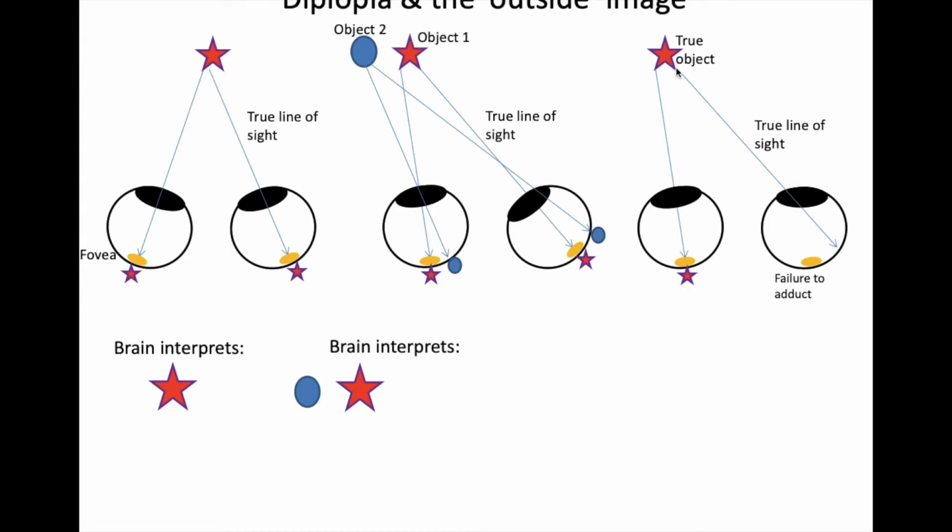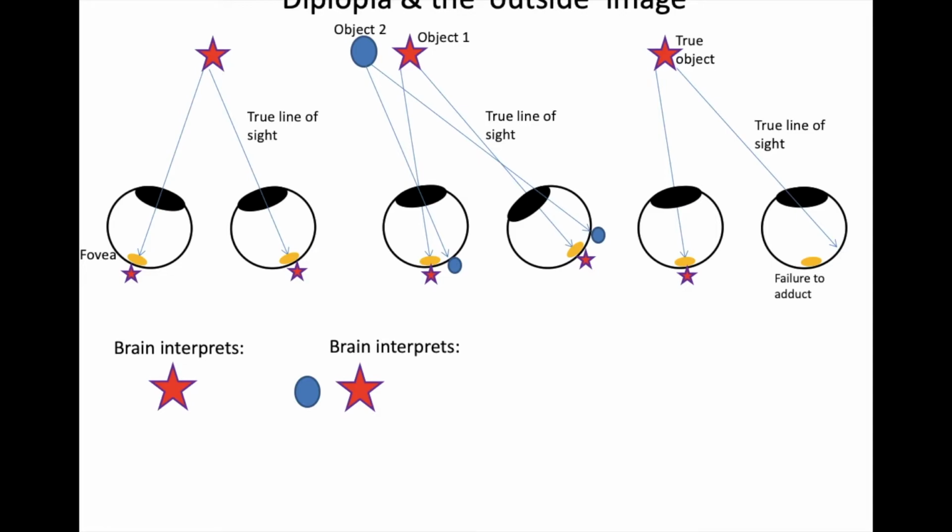This means the light from the true object hits the fovea. You then have this eye, which has failed to adduct adequately, so it has movement restriction. And because that's happened, the light from the object no longer is hitting the fovea, but actually hits the retina to the side of the fovea.